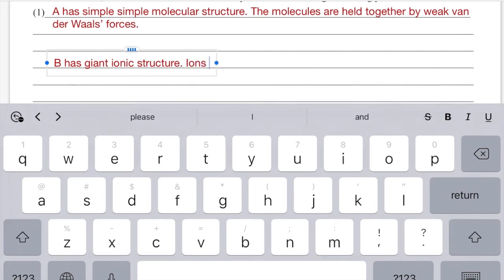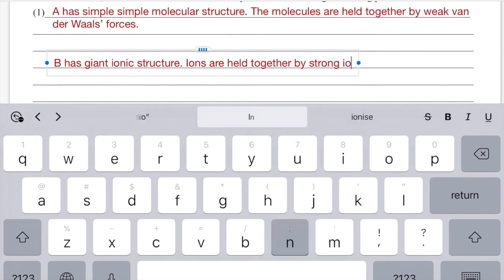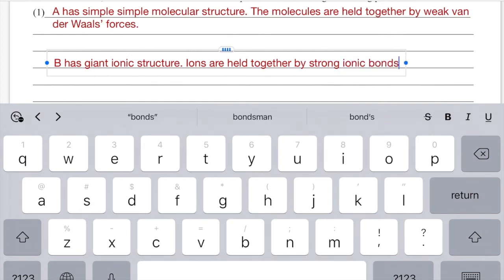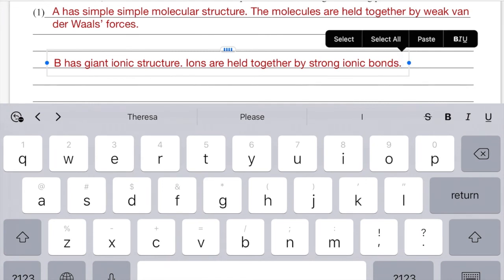Ions are held together by strong ionic bonds.